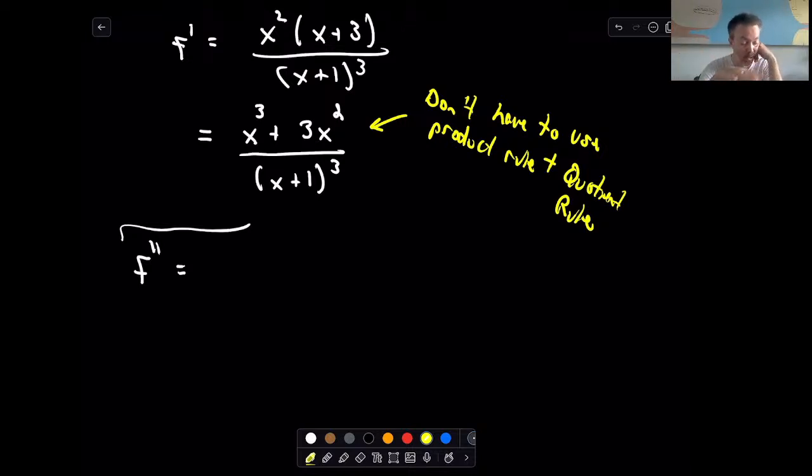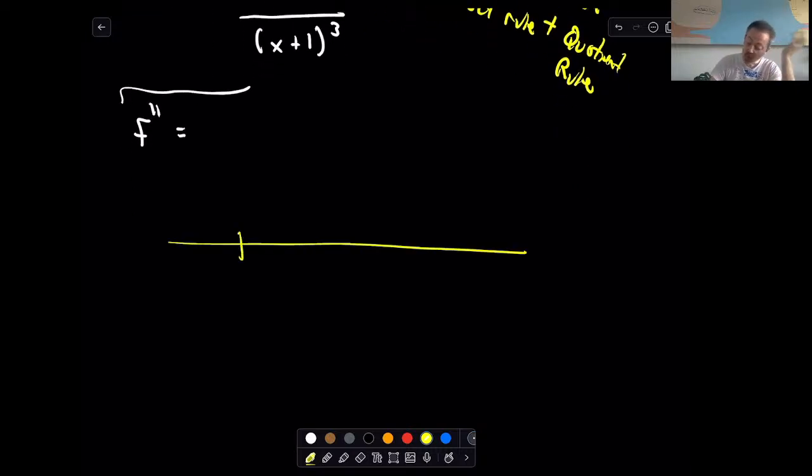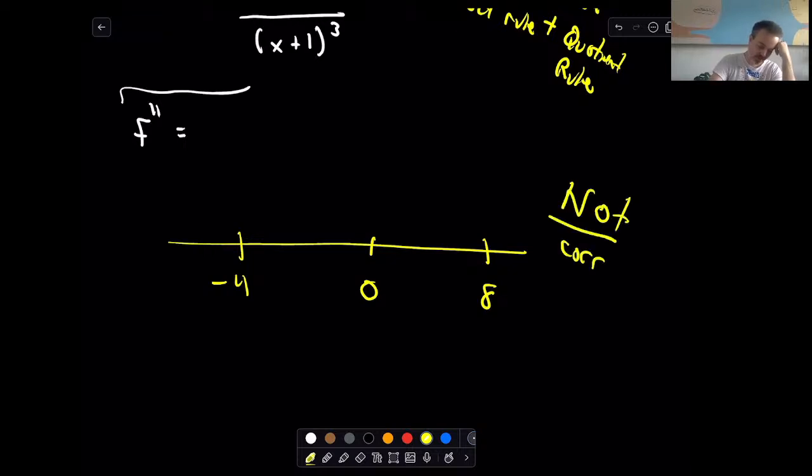But otherwise, you're doing take the second derivative, where's the numerator 0, where's the denominator 0, put them on a number line, test points, and now if it's positive, it's concave up, and if it's negative, it's concave down. So I'm totally making up values here. I'm not saying these are correct at all. Not correct.